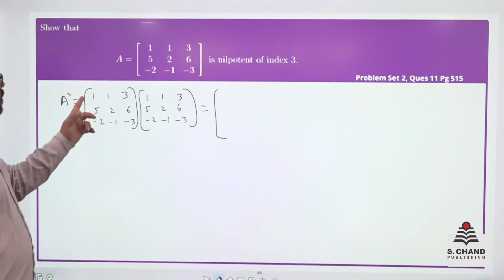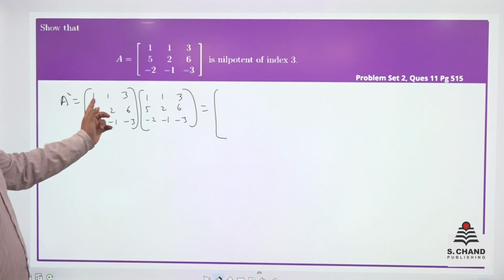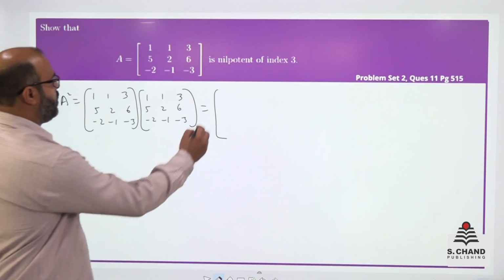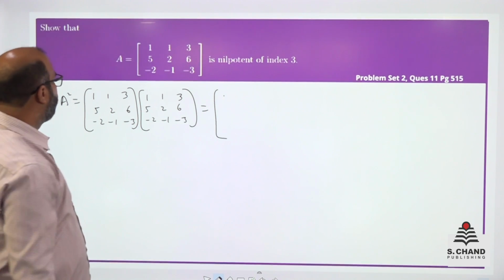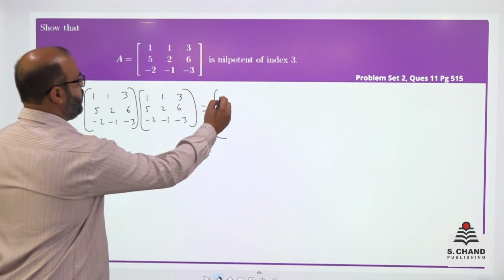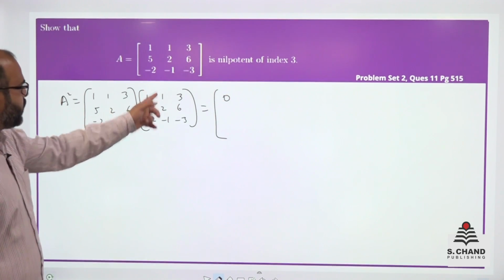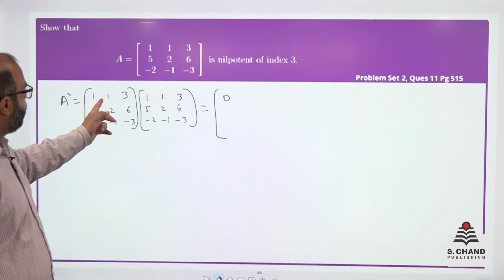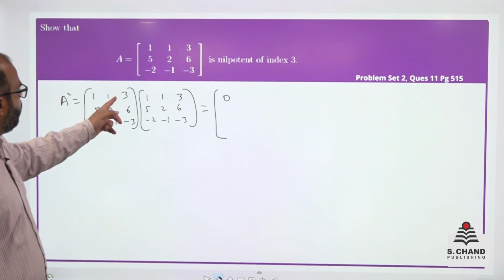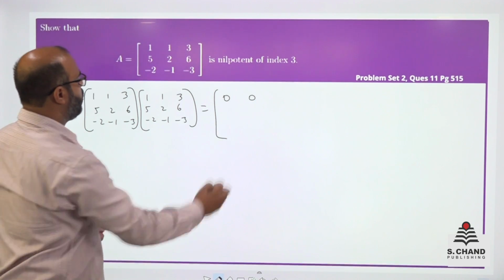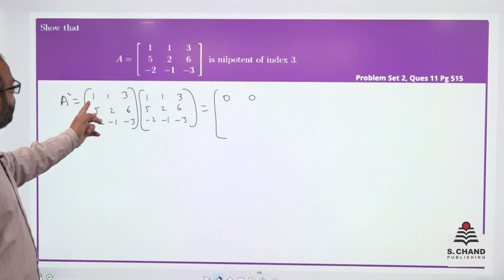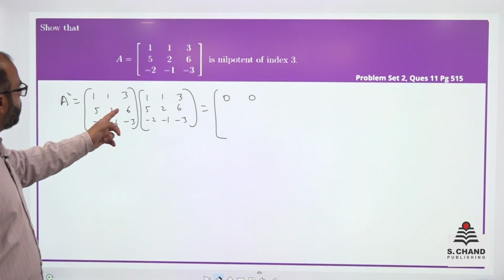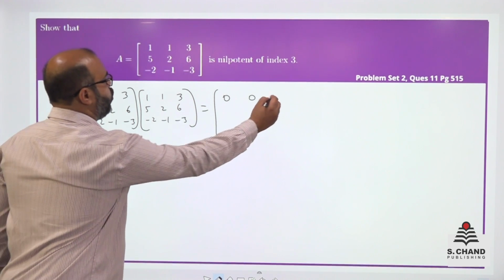Now when you do the multiplication, first row with first column: 1, 5, minus 6, that will be 0. Matrix multiplication is row to column. Then first row, second column: 1, 2, 3, minus 3, 0. Then 3, 6, 9, minus 9, 0.